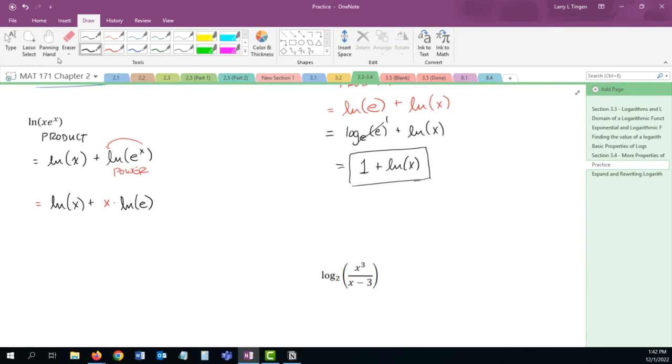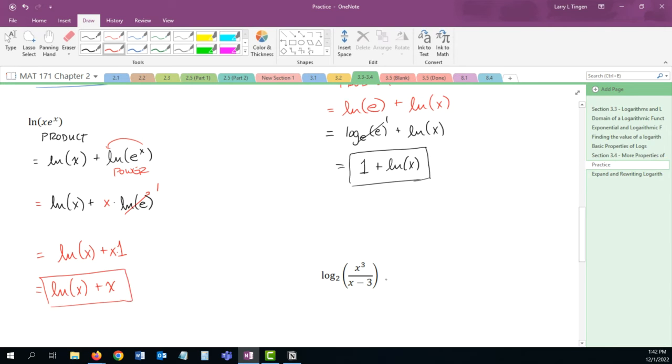And we have the same situation we just saw. Natural log of e is 1. So that means I have the natural log of x plus 1. Plus 1 what? That's a 1. There's still an x out here. So that's the natural log of x plus x.